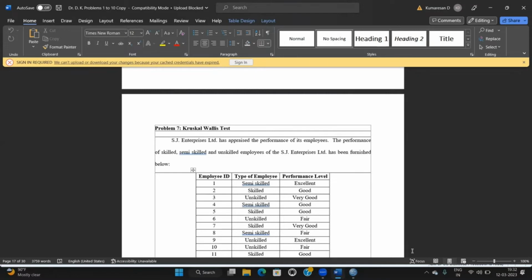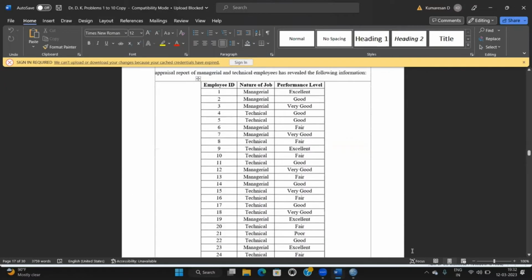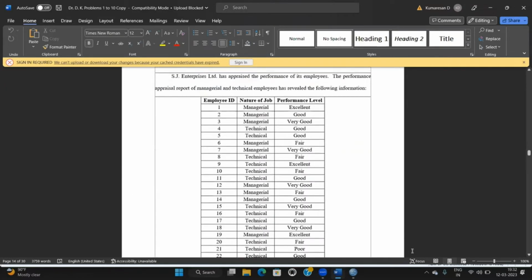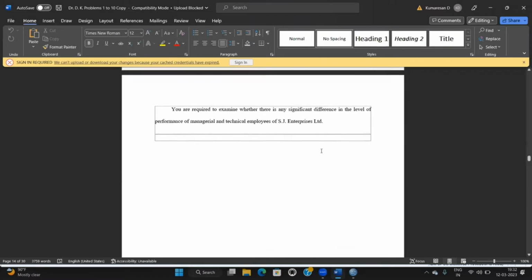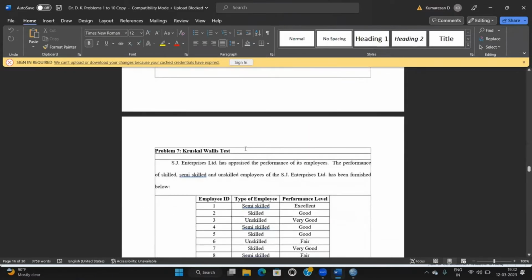There are three types of employees. If there are only two types of employees or two categories of employees, we have to apply Mann-Whitney U test. If more than two, then we have to apply Kruskal-Wallis test.